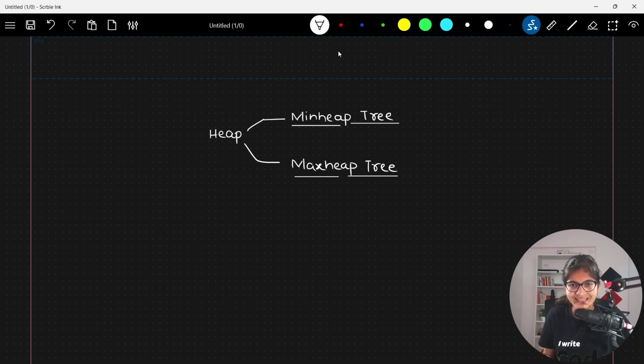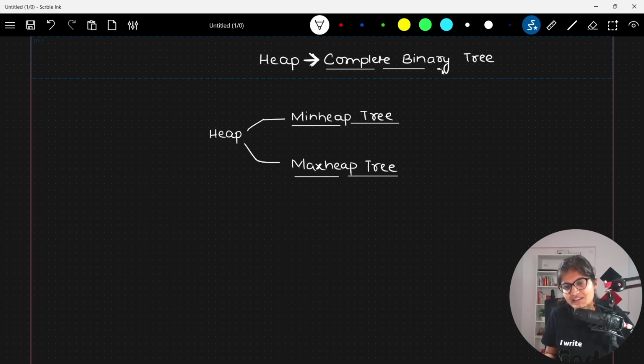So one thing that we have already understood is that whenever this heap data structure comes into the picture, it is applicable only when we have a complete binary tree. Now, in order to store the nodes of this complete binary tree, which data structure should we use?